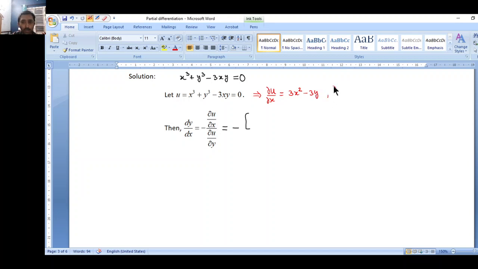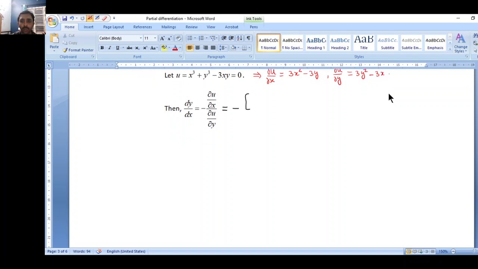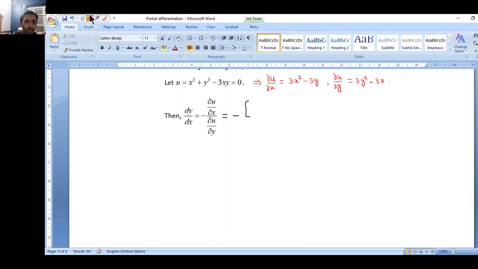So this is dou u by dou x, and similarly, what is dou u by dou y? Dou u by dou y would be 3y square minus 3x, right?